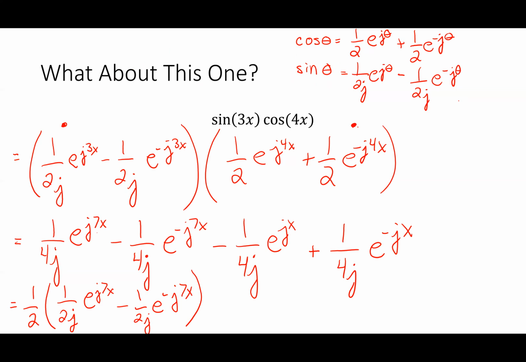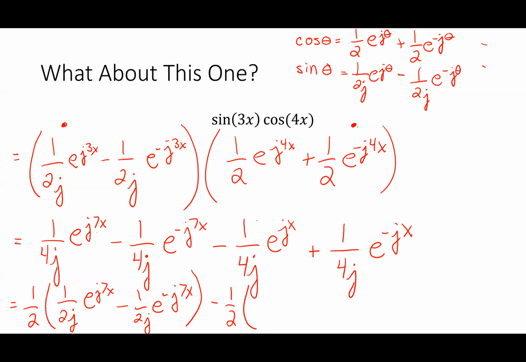So this guy over here, I have to get into one of these two forms up here. When I get the j on the downstairs like this, I'm thinking this guy should become a sine. He doesn't quite fit my pattern, but he would if I factor a minus 1/2 out of both of these guys.